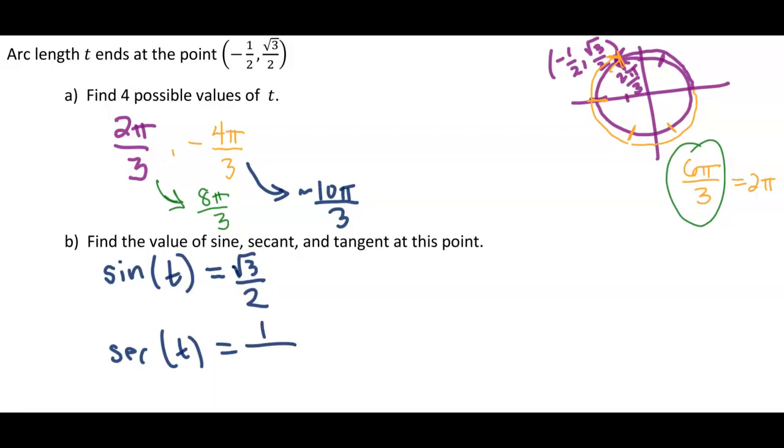So 1 over negative 1/2. And dividing by a fraction is multiplying by the reciprocal. We're going to multiply by negative 2, which should just give us negative 2. And then last but not least is tangent of t. And tangent is sine over cosine. So it's that y, root 3 over 2, divided by your x, which was negative 1/2.